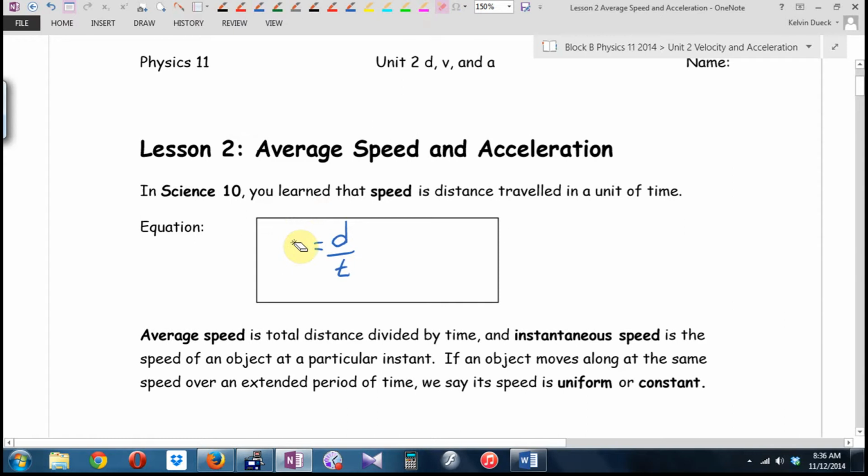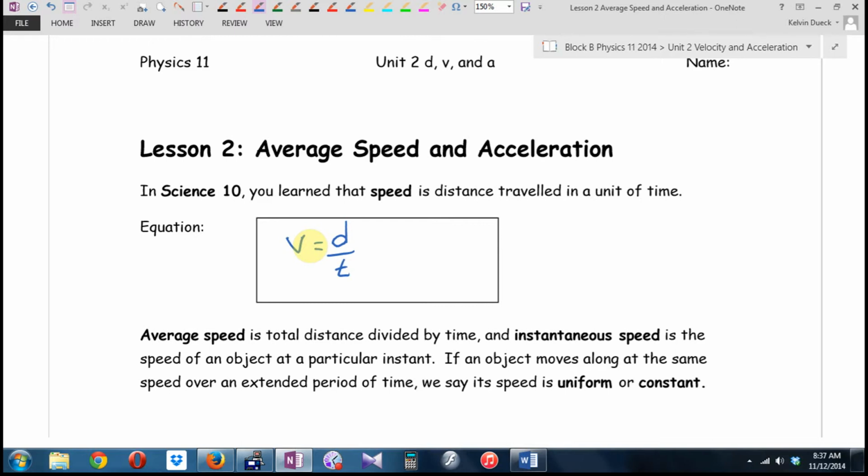We're going to use V for velocity. So you can write down V equals D over T. V equals D over T. Distance divided by time.